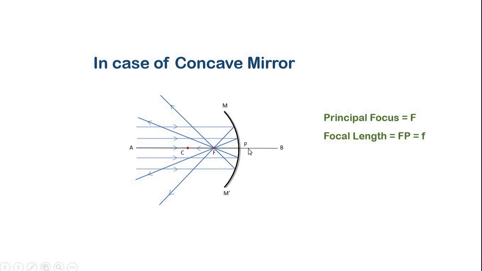CP is the radius of curvature, that is denoted by small r. And so we can say CF equals FP equals r by 2. So f equals r by 2. That is, focal length is half of the radius of curvature.